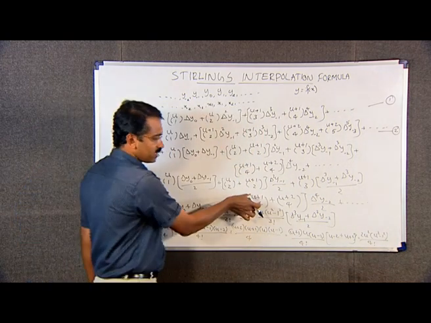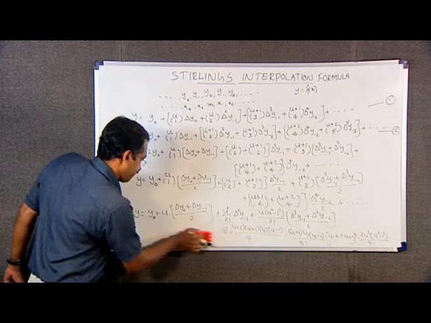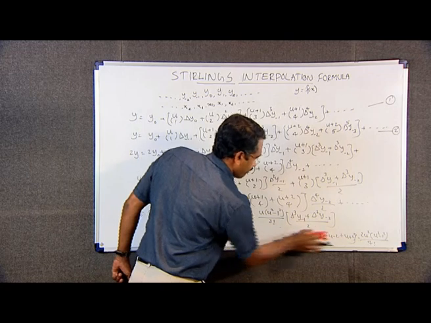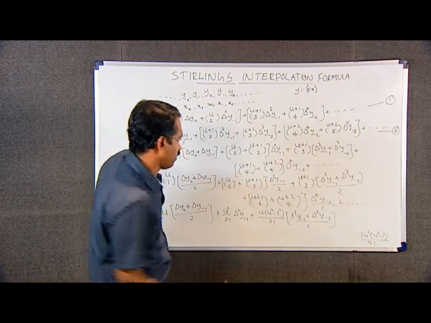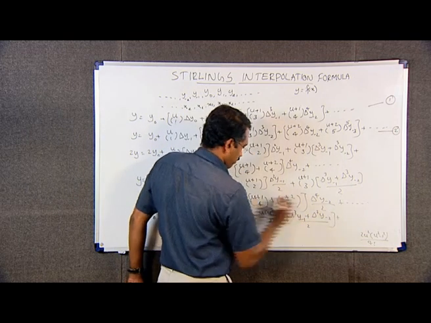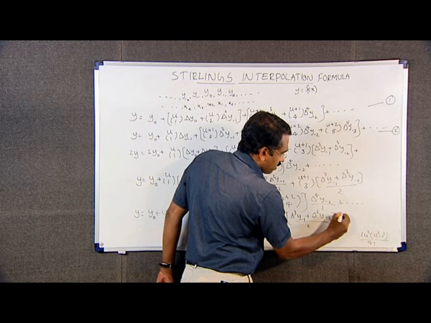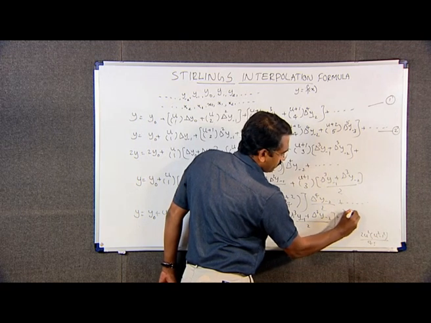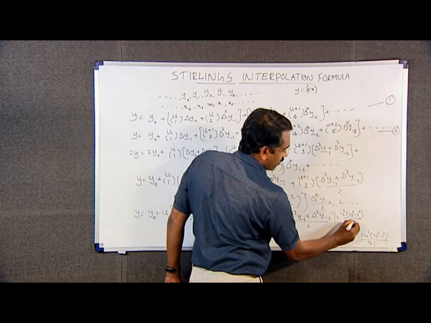Therefore, this term can be written as plus u square into (u square minus 1) divided by 4 factorial.